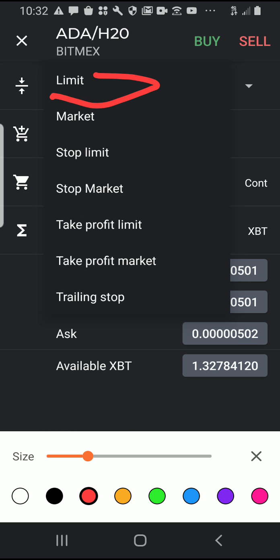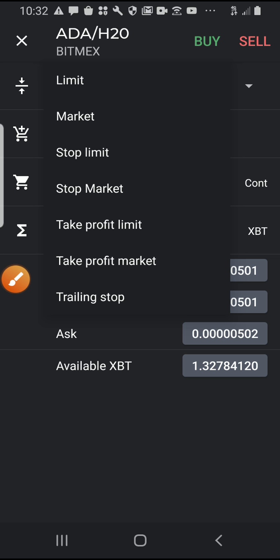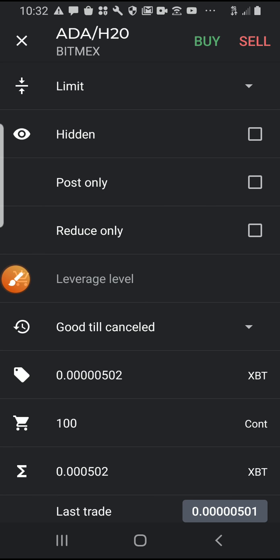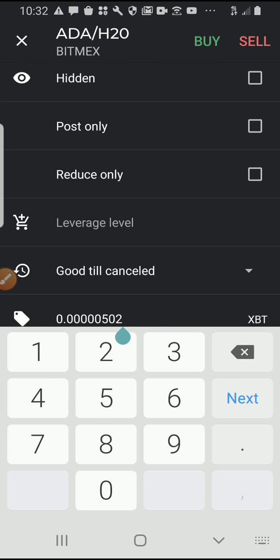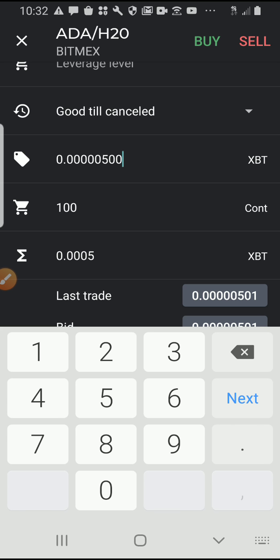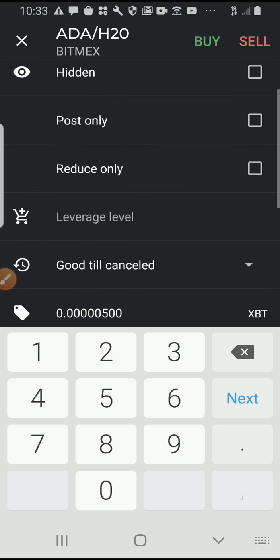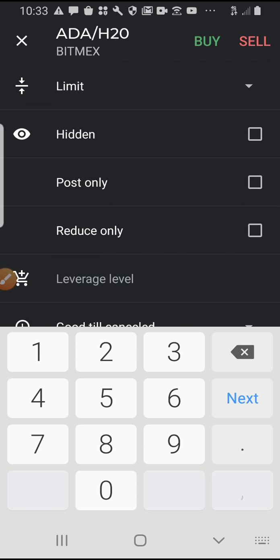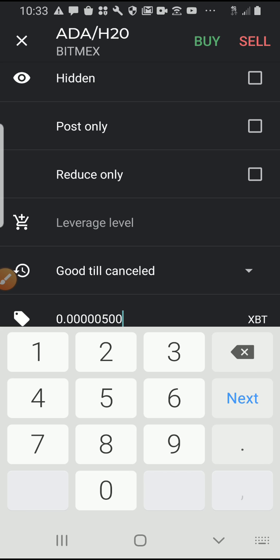So if ADA is trading at 502, you might choose limit and say you want to buy ADA at 500. That's exactly what you just did. You are going to buy ADA at 500, and you are pricing the ADA. That's actually what it means.